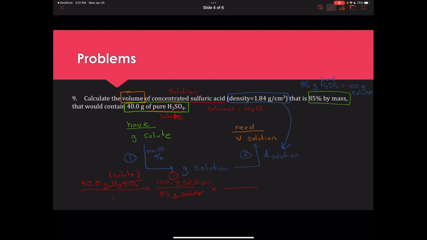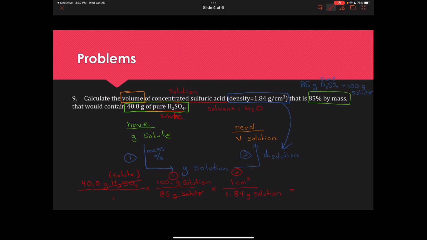My next step, I need to multiply by another conversion factor. This time that conversion factor is coming from the density. It's the density of the solution. In setting up this conversion factor, I need to cancel my solution grams. So the 1.84 grams of solution goes on the bottom with the 1 centimeter cubed on the top.